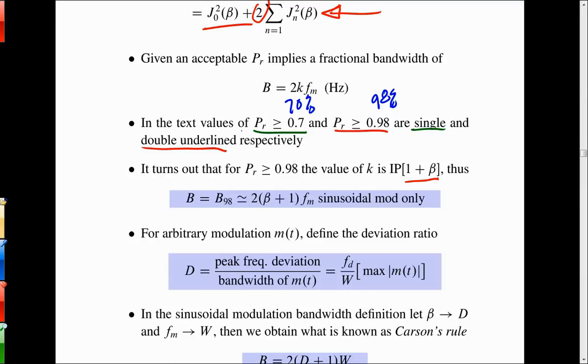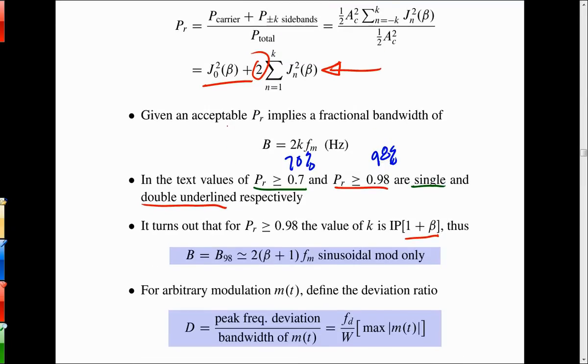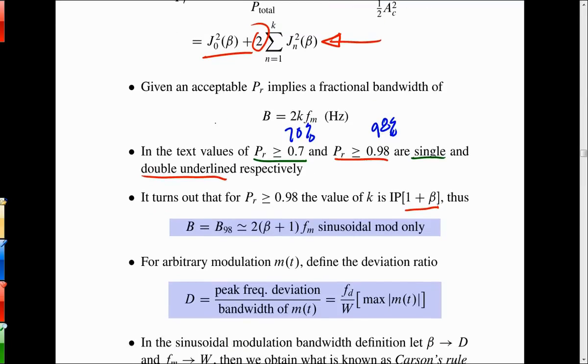So if you want the bandwidth that gives you 98% of the contained power, and you had a beta of 0.155, you just do 0.155 plus 1. Well, that's not the thing. This is to calculate the bandwidth, not to calculate the power. The power calculation involves the thing up above, and there's an example of that coming up here in a second.